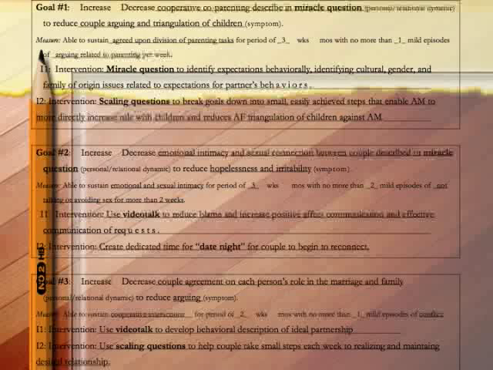So they're going to be increasing cooperative co-parenting, as they described in their miracle question, since the therapists didn't know what that looked like until they asked the question. You're going to be increasing emotional intimacy, and you're going to be increasing couple agreement on each person's role in the marriage and in the family. So again, you are increasing and addressing and changing very specific relational dynamics.